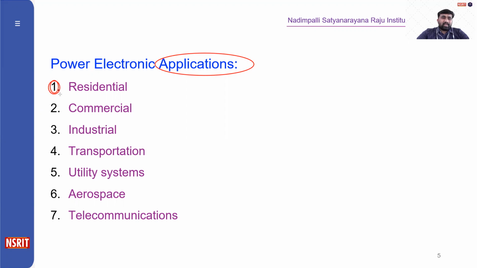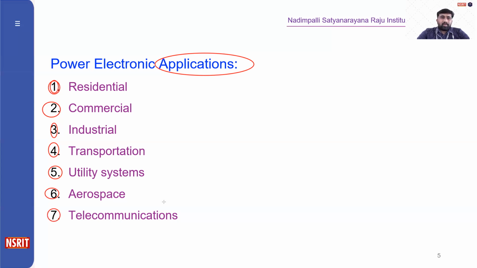Industrial inverters, like the 3-phase inverters, you can also find in commercial power electronic applications. Then industrial power electronic applications, transportation, like electrical vehicles, utility systems, like power generating systems and distribution systems, aerospace applications, telecommunication systems, wherever.